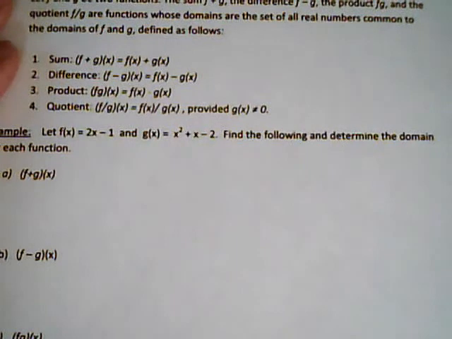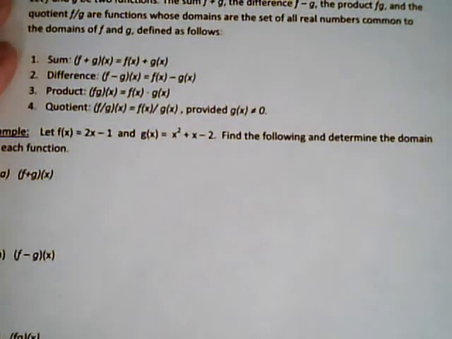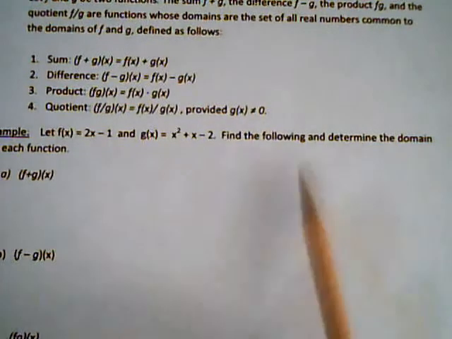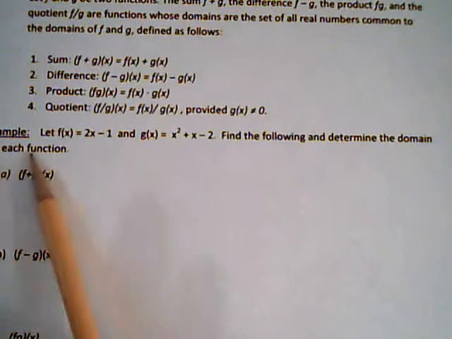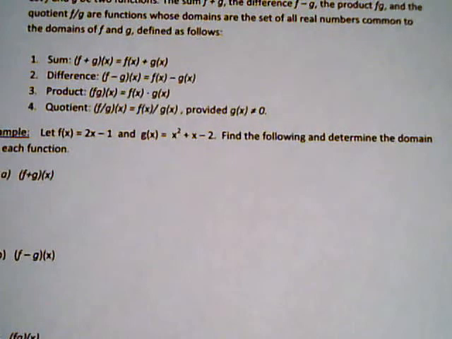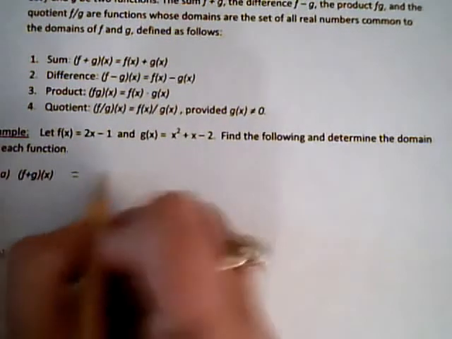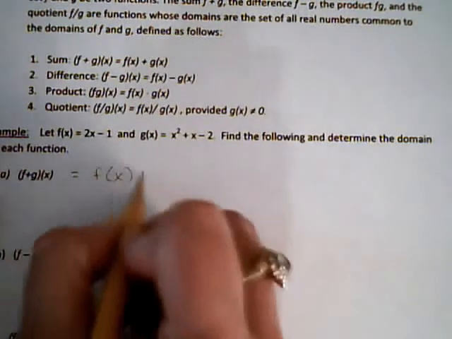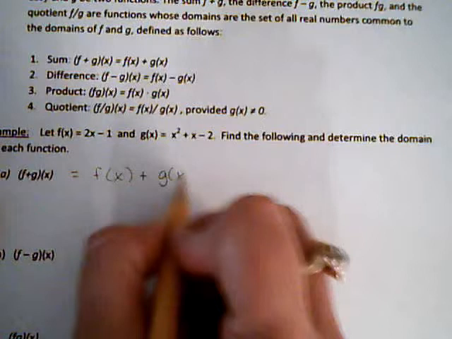You're given two functions, f of x equals 2x minus 1, and g of x equals x squared plus x minus 2. Find the following and determine the domain for each function. So I have first f plus g. That means I just want to take f of x plus g of x.